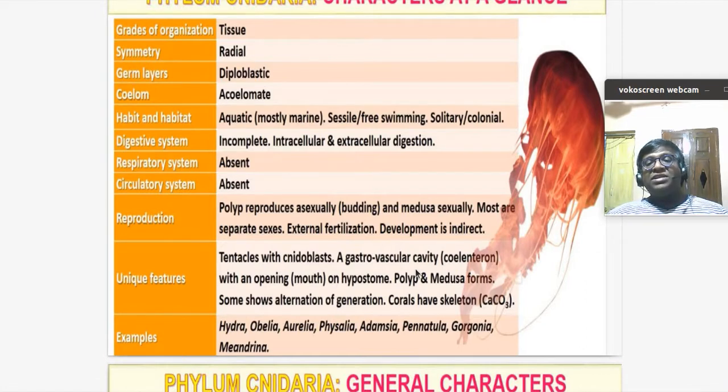The corals have a skeleton made up of calcium carbonate. The examples for phylum Coelenterata are Hydra, then jellyfish, called Aurelia, Obelia, then Physalia, that is Portuguese man of war, Adamsia, Pennatula, commonly called sea pen, Gorgonia, sea fan, and Meandrina, brain coral.